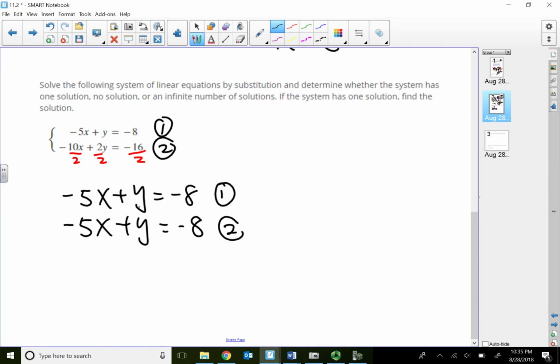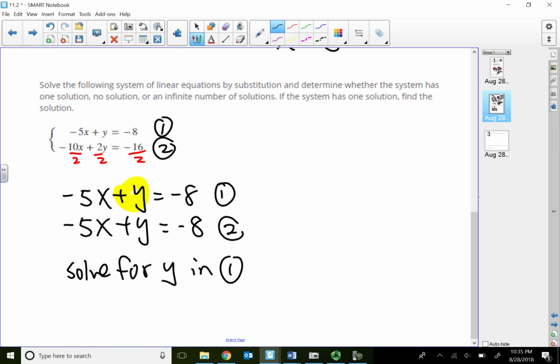So think about this. If I get y by itself for both of them, you know what? Let me show you the steps, just so you can see it one time. All right, let's solve for y. Write it down, the steps. Solve for y in the first equation.